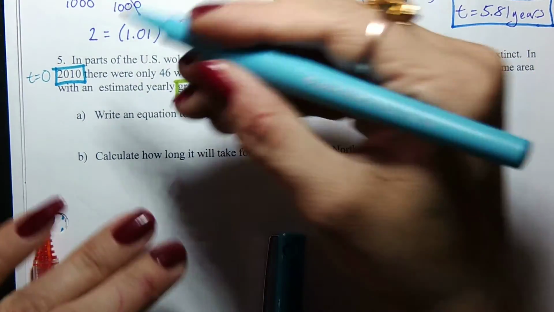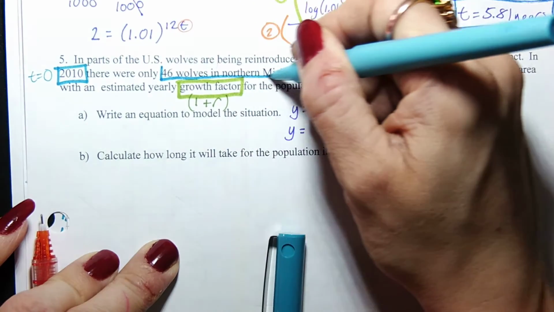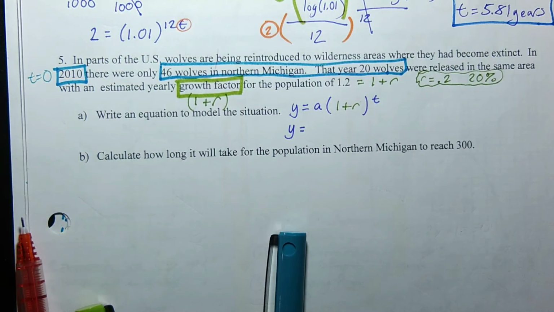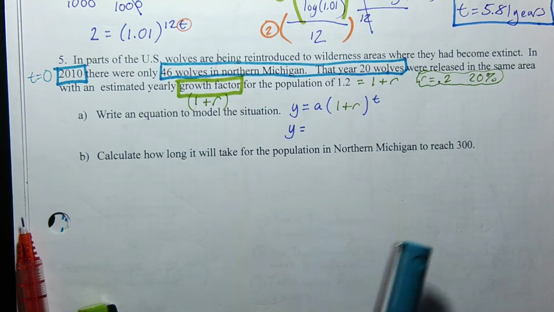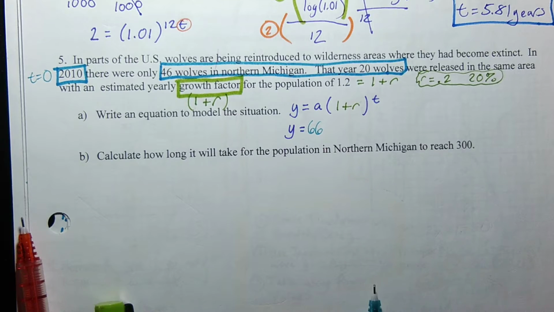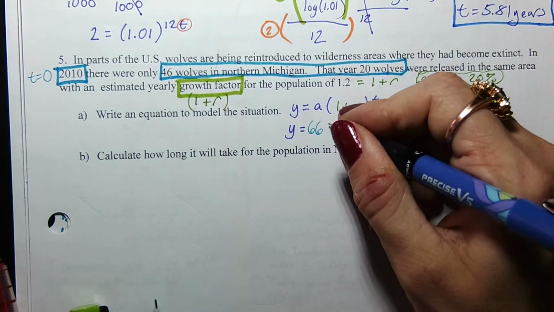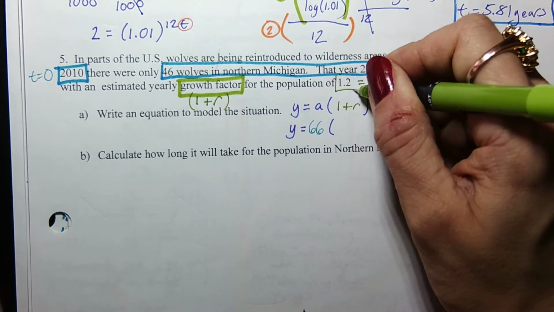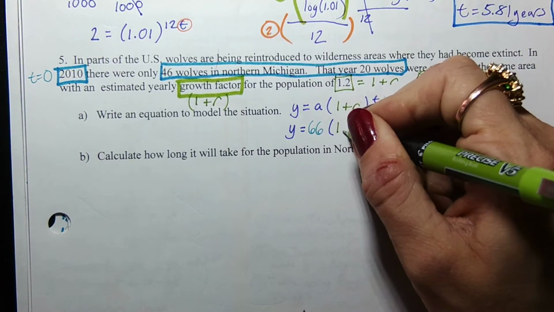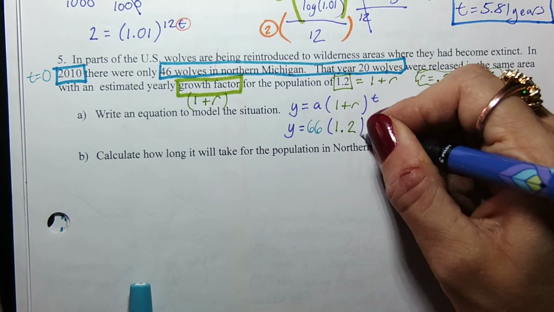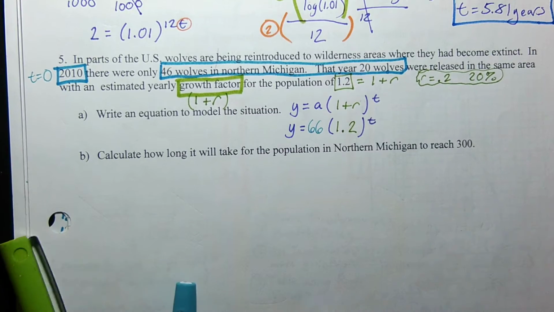And it's like there were 46 wolves, but then they also added 20 wolves. So in that year, the starting amount was 66 wolves. The growth factor, we just get a straight up 1.2. So that's your 1 plus R already taken care of. And then raised to the t.